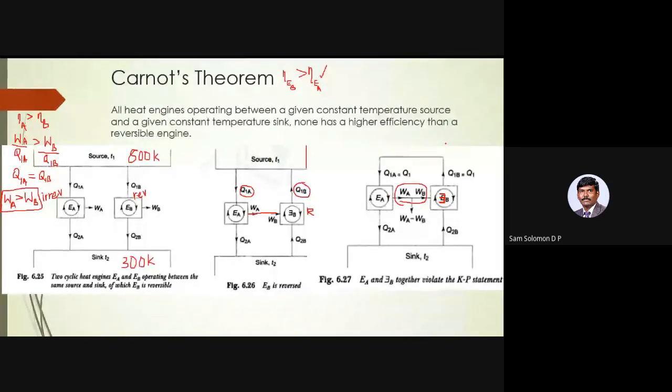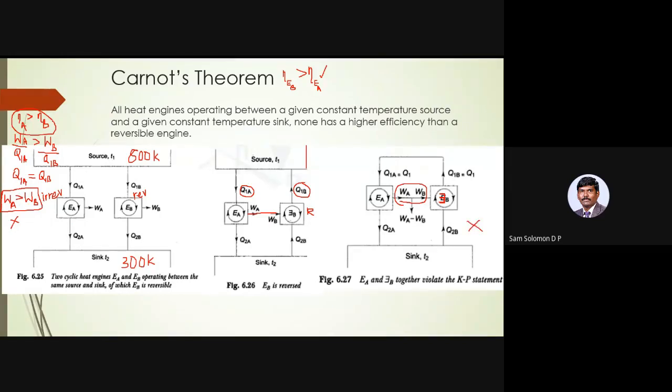What was our initial assumption? The initial assumption is eta A is greater than eta B. So that assumption is wrong. We ended up getting WA greater than WB, so that is also wrong, because when we proceeded with this, it violated the Kelvin Planck statement.